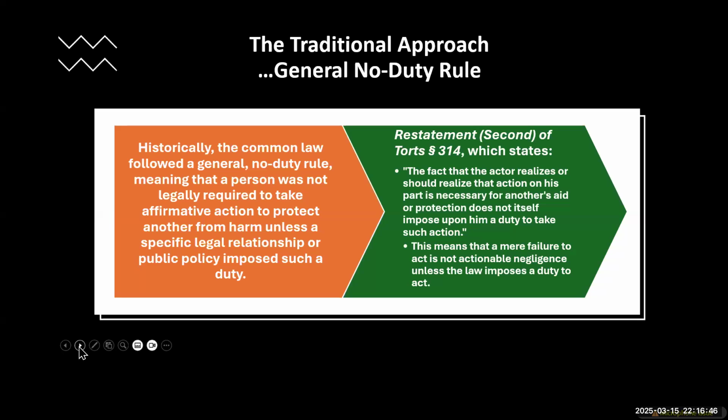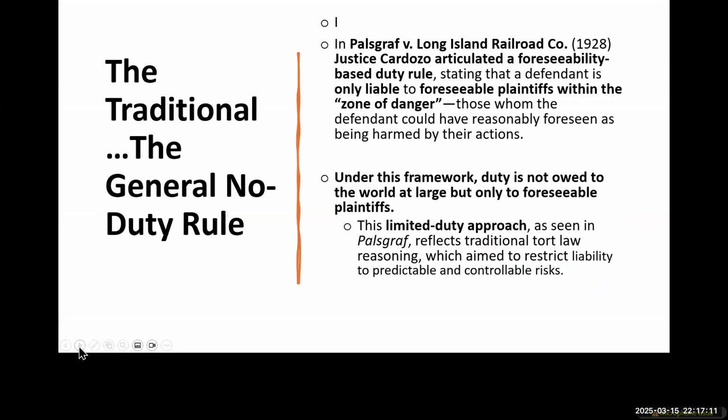Restatement Second of Torts, Section 314, which states, the fact that the actor realizes or should realize that action on his part is necessary for another's aid or protection does not itself impose upon him a duty. It does not impose upon him a duty. There is no negligence in the air, or duty in the air, or duty everywhere.